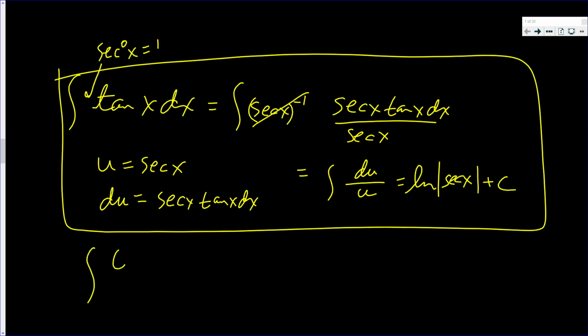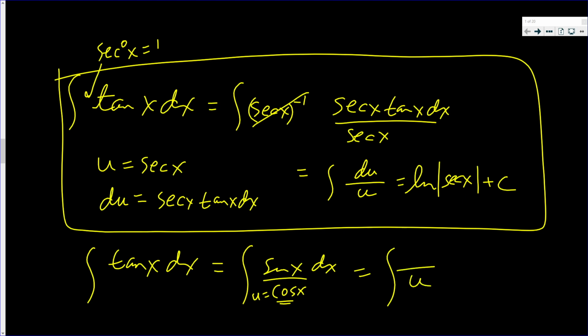How would I do such an integral? I would realize that tangent x is sine x over cosine x dx. And if I call cosine x u, so I have a u on the bottom, if I snuck in a minus sign, then that would be du. But of course I need to bring out a minus sign.